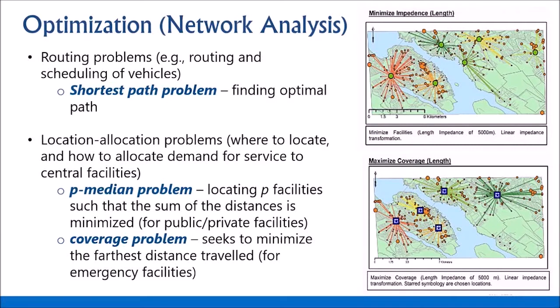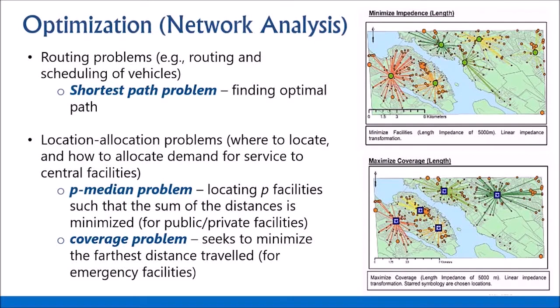So the objective function is to minimize the sum of the distances. And this is usually performed for the planning of public and private facilities, such as postal offices, city halls, etc.